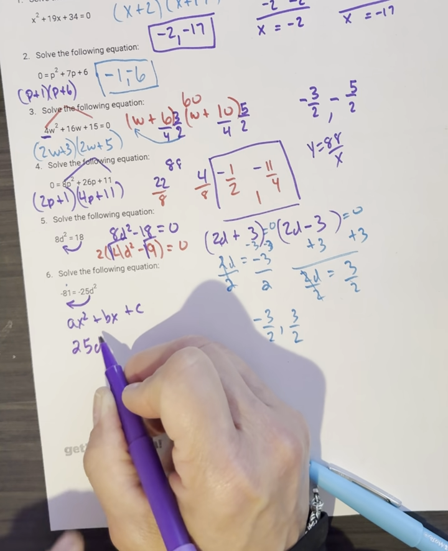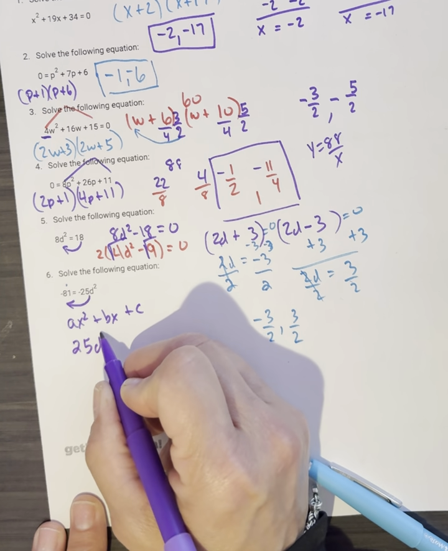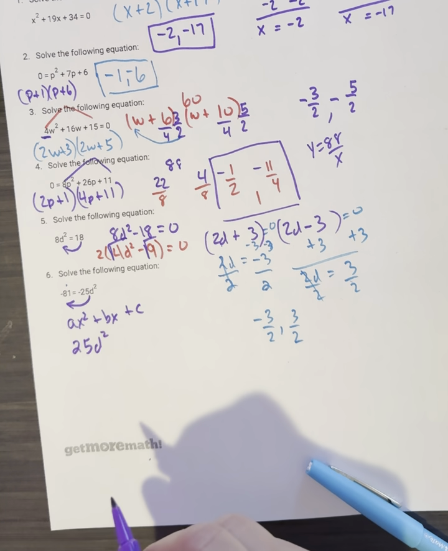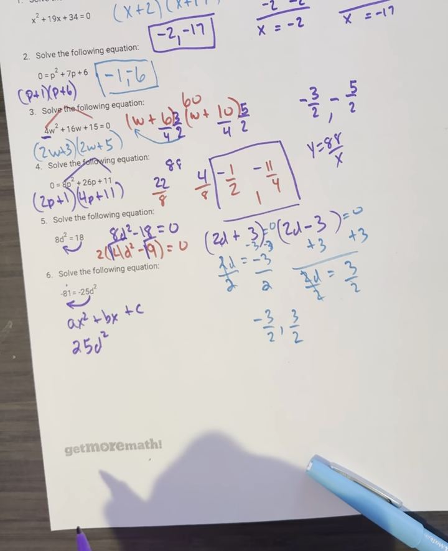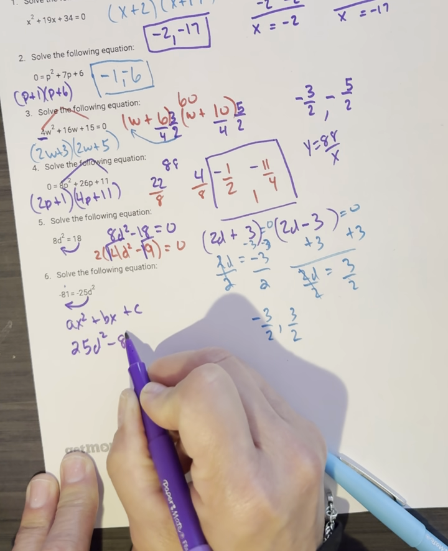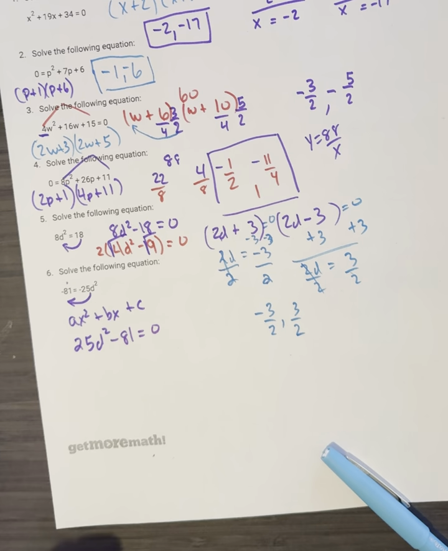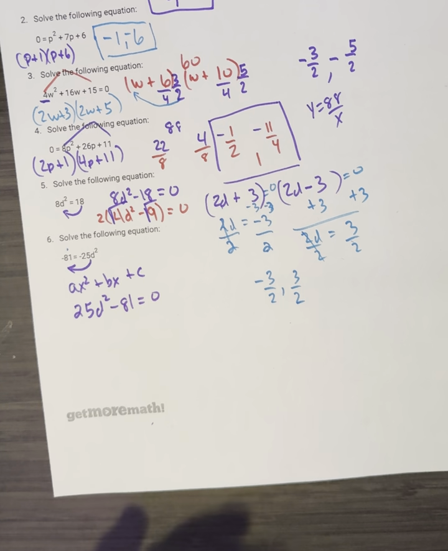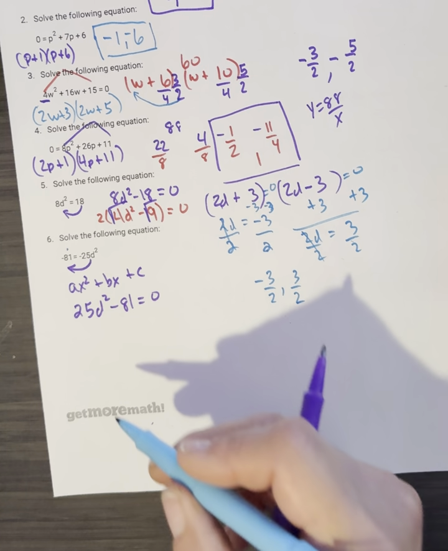Because can you take the square root of a negative? No. So the difference of 2 squares, the a has to be positive and the c is negative. So minus 81 equals 0. So these are both perfect squares, so we don't have to take anything out, and there's nothing to take out.